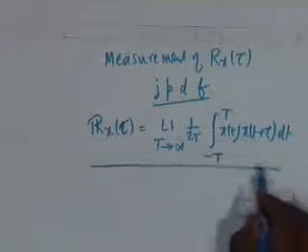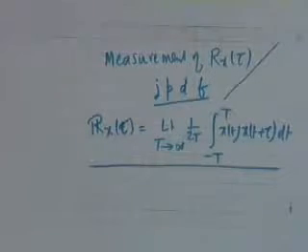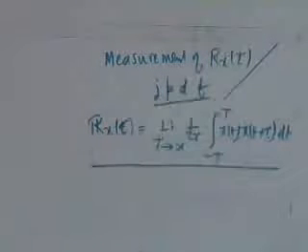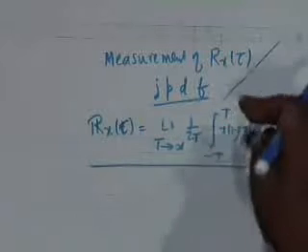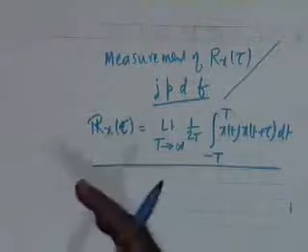Now, how do you measure? We agree that we cannot measure Rx of tau as an ensemble average, because we don't have a knowledge of JPDF. So we assume that the random process is ergodic, so that the time averages shall be the same as the ensemble averages.